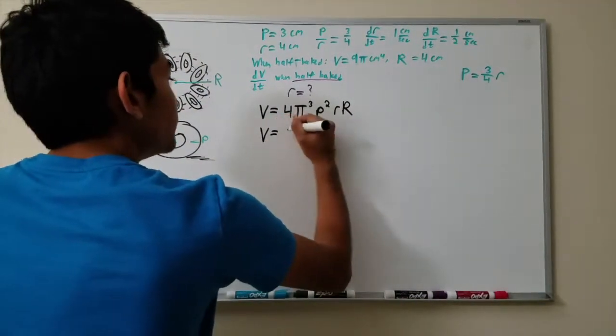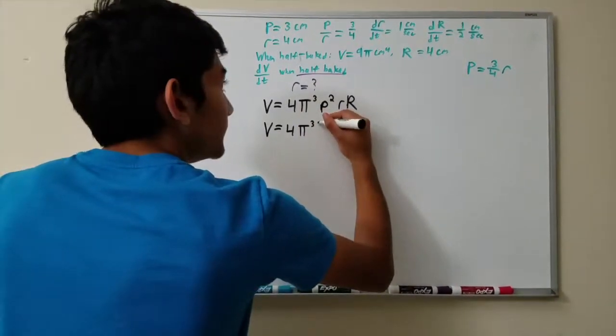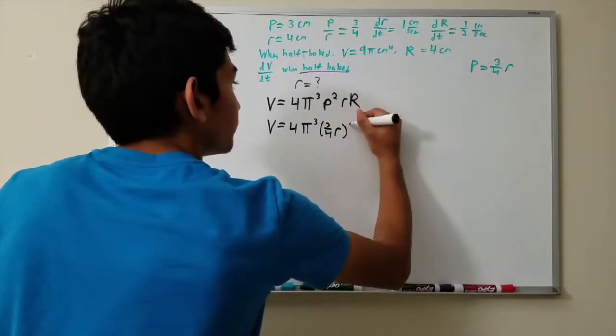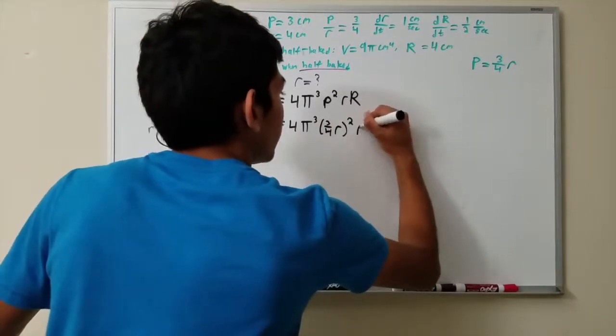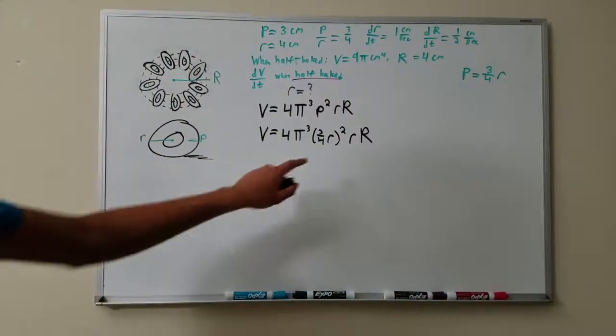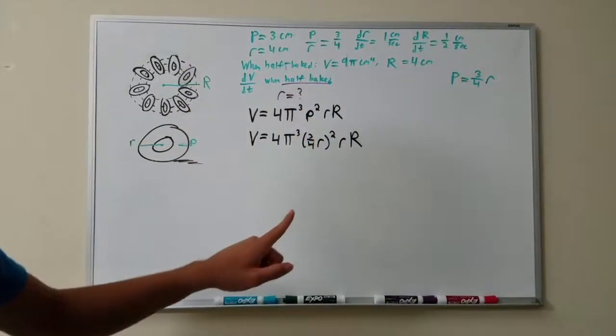So we substitute in that p will be 3/4 r squared times r times r. And now we want to figure out what this r value will be at the instant that it is half-baked.